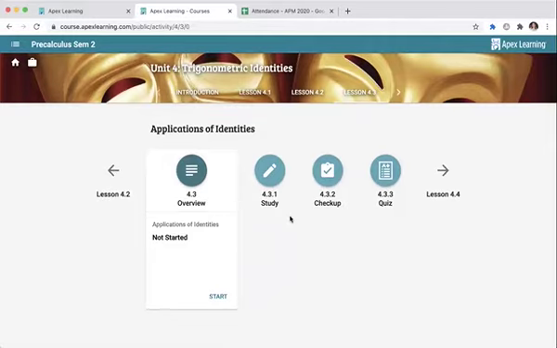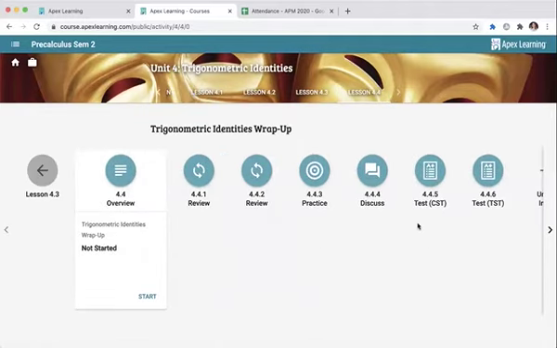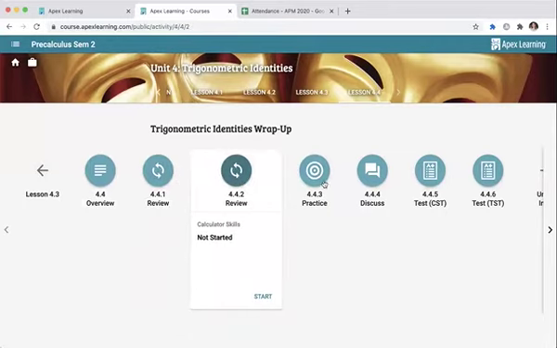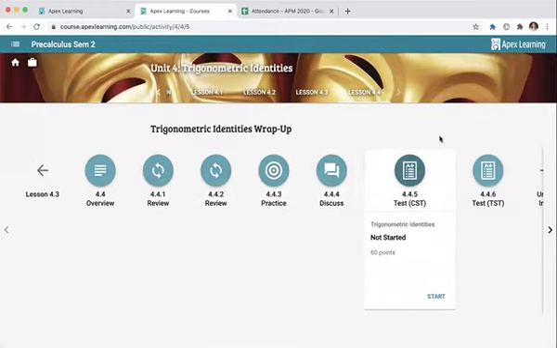Now we're going to finish up today with 4.3, the application of identities. We have one quiz today, and then when you finish that or over the weekend, you're going to be responsible for doing the Unit 4 test. It's got a nice overview of all the identities, a nice review of calculator skills, some extra credit practice, extra credit discussion, and then obviously you have your CST, and that's the only thing you have to do.